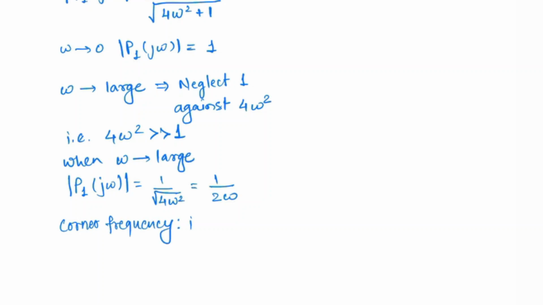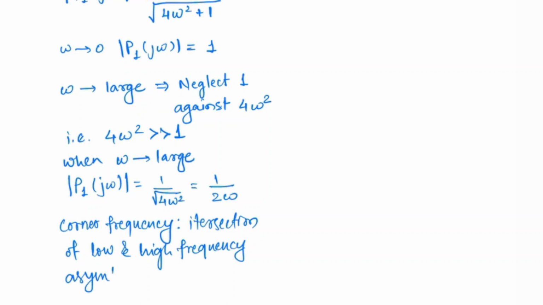Corner frequency is the intersection of low and high frequency asymptotes. So if we want to find the intersection between the low frequency and the high frequency components, then we can equate them.